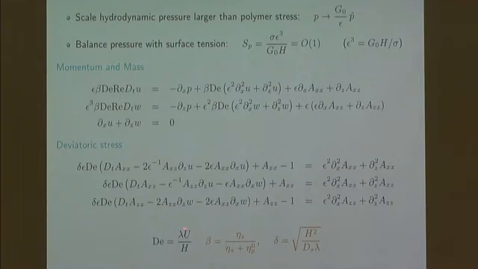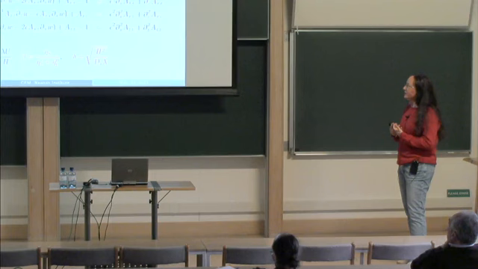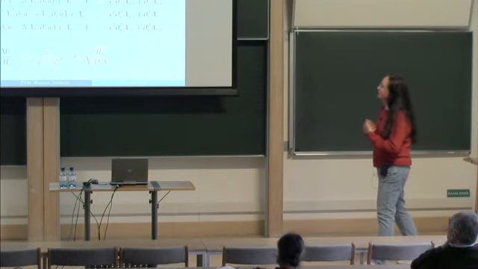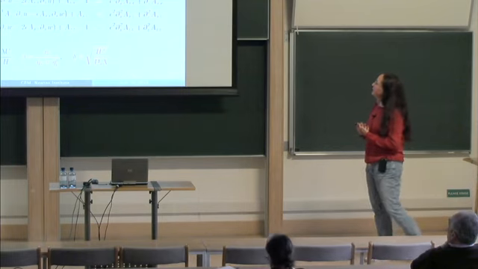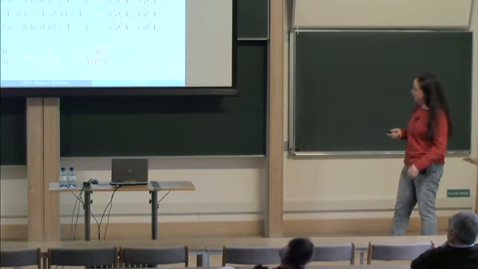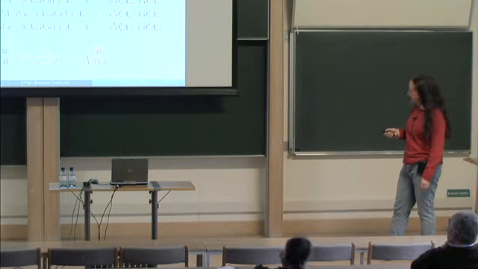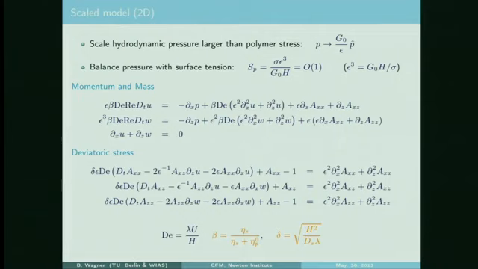These will be the controlling parameters that control basically the shape or the signature of the flow profiles. Beta is a ratio of the Newtonian viscosity over the polymer viscosity, and delta is in a sense an inverse diffusivity.